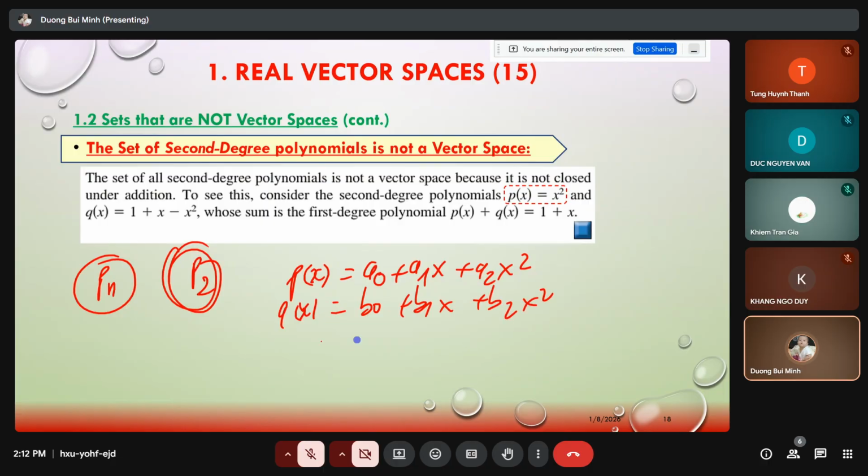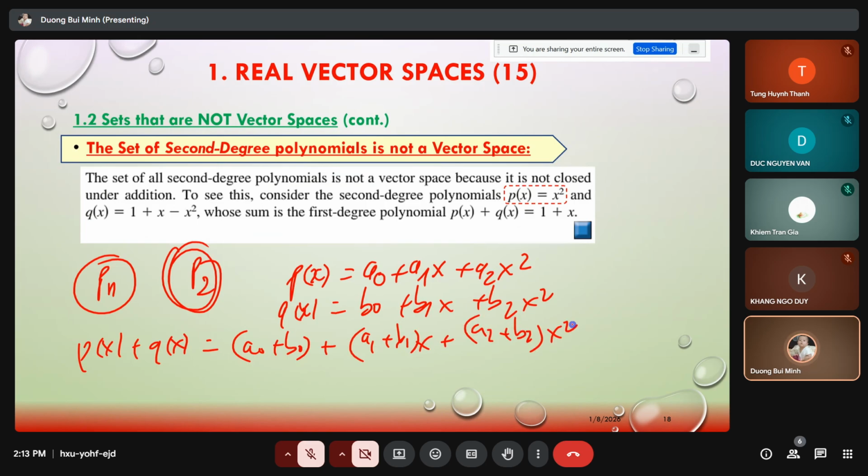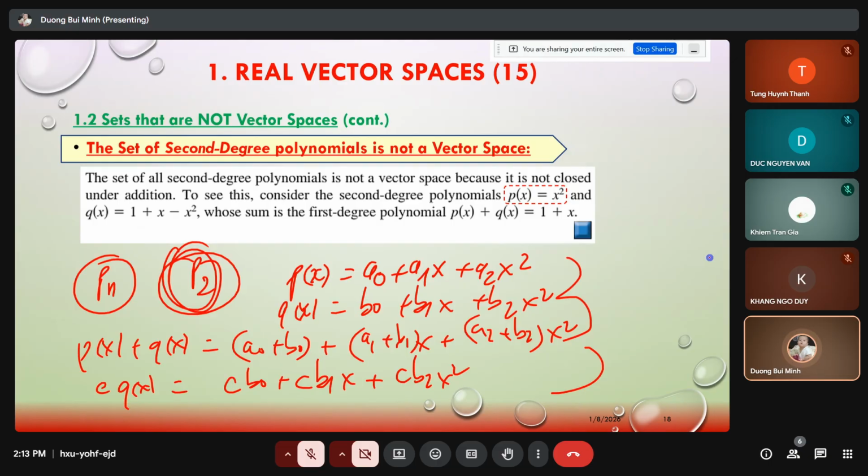If we double check axiom 1, p(x) plus q(x) is a0 plus b0, a1 plus b1, and a2 plus b2 x squared, the same format. If we have c times q(x), you get c times b0 plus c times b1x plus c times b2x squared, with the same format. So P2 is a vector space.